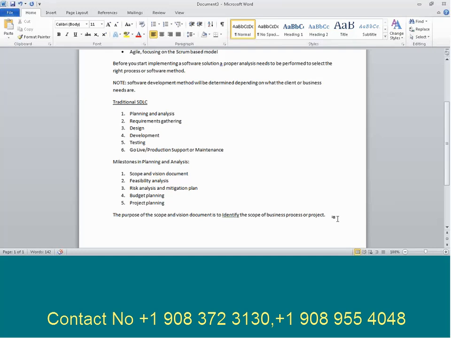For instance, let us say the scope is to develop a banking portal, a banking website, right? So the client or the stakeholder is asking to develop a web-based banking portal, and let us say one of the features which is in scope is transfer funds. Right? Funds transfer. So the client is saying that, you know what, you have to give us the capability of funds transfer.